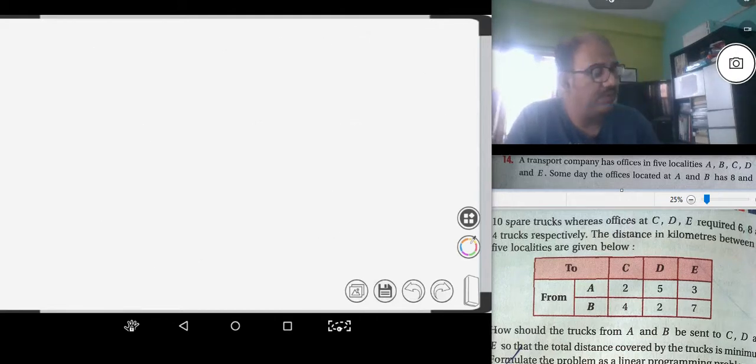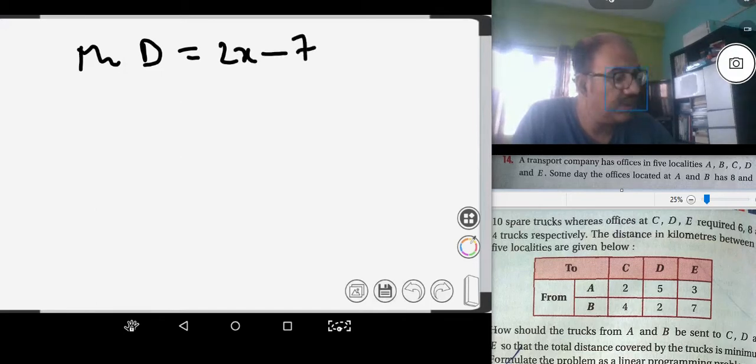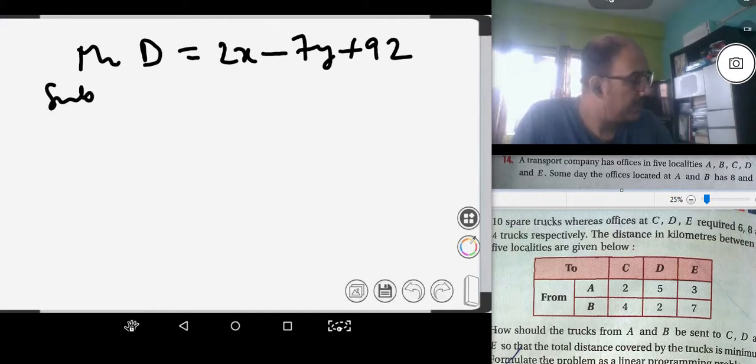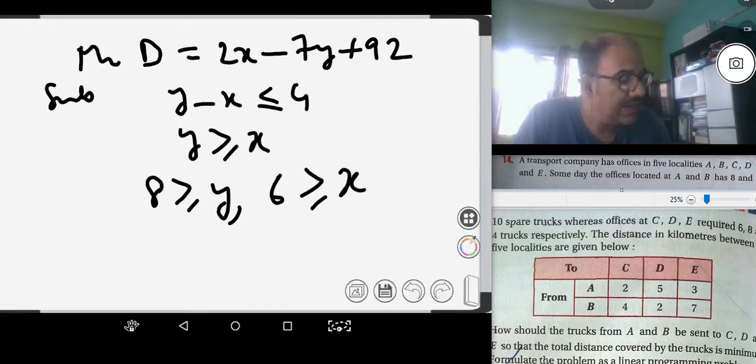So finally we can write the problem as minimize d equals 2x minus 7y plus 92 subject to y minus x less than or equal to 4, y greater than or equal to x, 8 greater than or equal to y, 6 greater than or equal to x, and obviously x greater than or equal to 0 and y greater than or equal to 0.